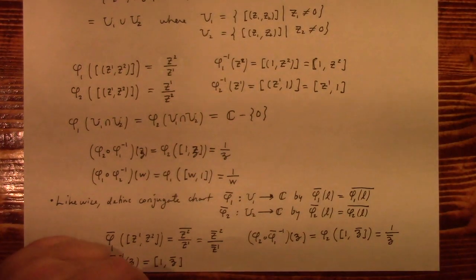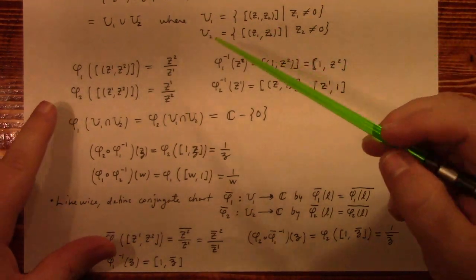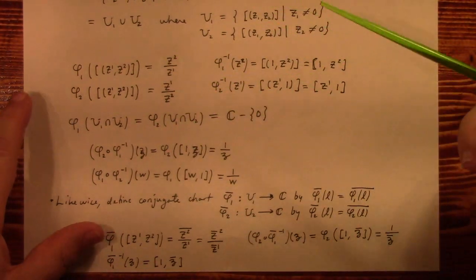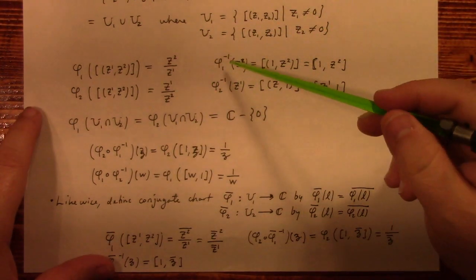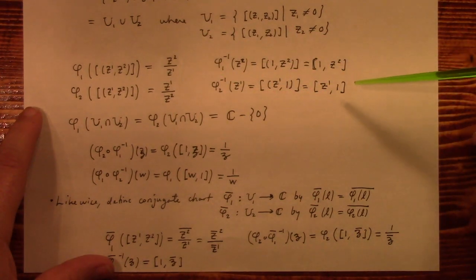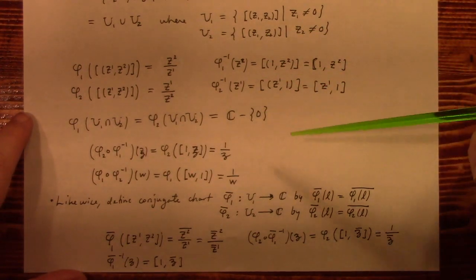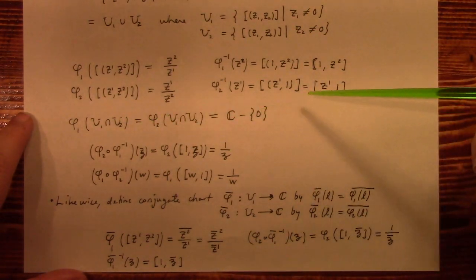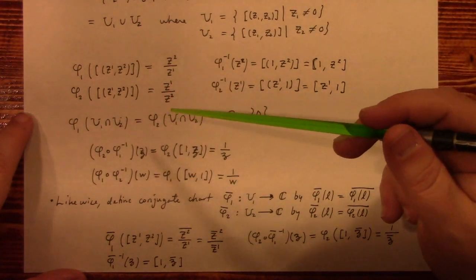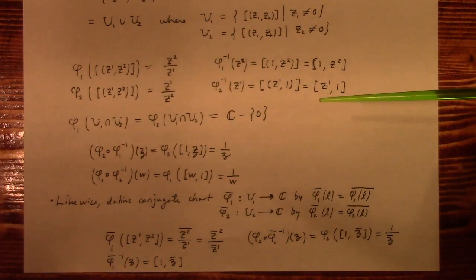So phi1 has z1 not equal to 0, phi2 has z2 not equal to 0, so these quotients make sense. And here's the formula for the inverse, which is unsurprising at this point, I hope. Of course, you can check me on it. And so if you look at this, then the image of the intersection is going to be where z1 and z2 are both not 0.